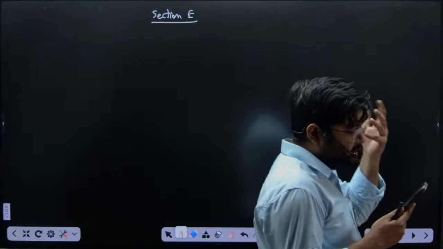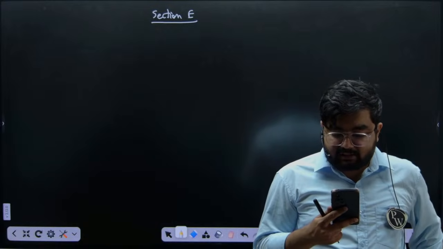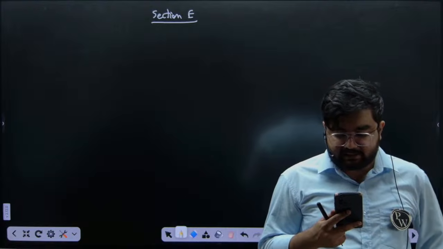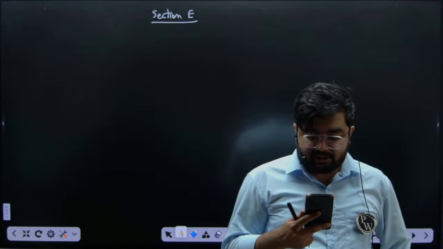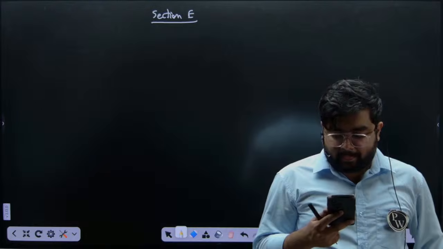Derive the electric field expression. Okay, doable. A dipole is placed in the xy plane such that charges q and minus q are located at different locations. There is an electric field. Calculate the force and torque developed by the dipole. Yeah, quite doable this question.